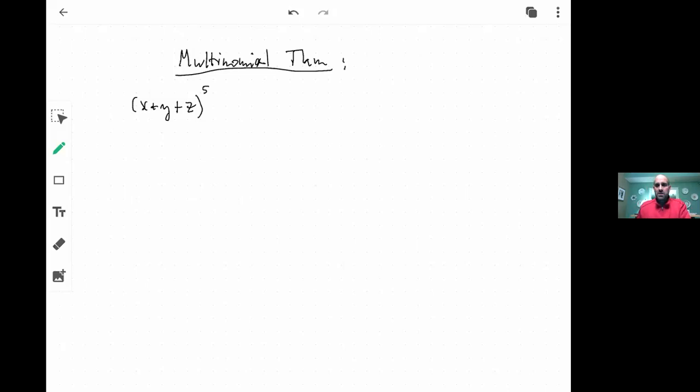Okay, so the best way to see this is to just look at an example, and particularly one that isn't too trivial. So let's look at taking a trinomial, that is a sum of three things, x plus y plus z, and raising that to the fifth power. And the goal is to expand this thing out. Like, what in the world is going on with this thing?